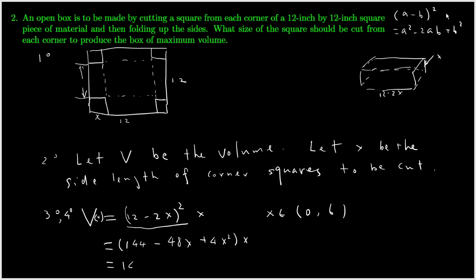So you have 144 times x and then minus 48x squared and then plus 4x cubed. The same function, again the function is treated as a function defined on the closed interval from 0 to 6.